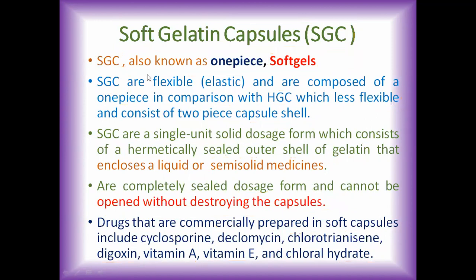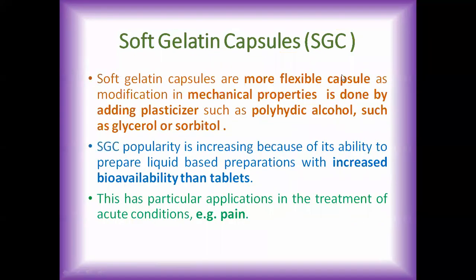Now moving further, as we have previously discussed, soft gelatin capsules are more flexible capsules, as we can make modifications in the mechanical properties, and this modification is done by adding plasticizers.